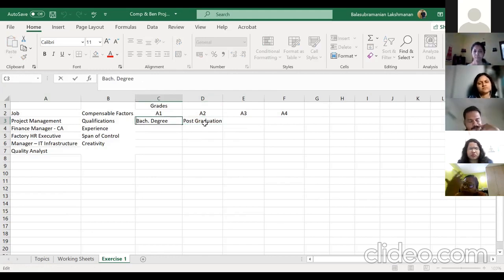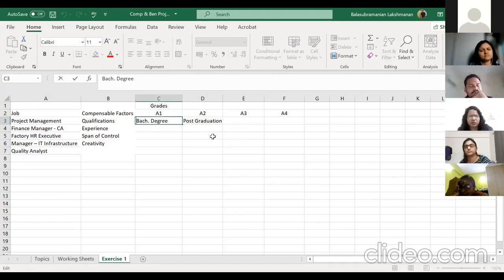I have taken just a graduate for HR because you can relate to it. At entry level, you have taken a person at HR level with a graduate degree. But at grade 2, I'm saying she should be a postgraduate. So what will I do? When I'm taking from outside, I will take a postgraduate degree.